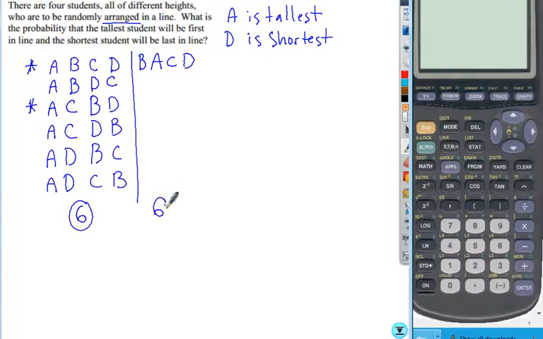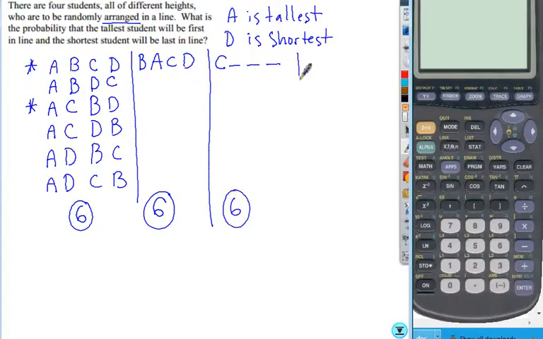I'm going to have 6 arrangements starting with B, 6 arrangements that start with C, and again, I could list all these out, but I know I'm going to end up with 6 arrangements that start with the letter D. So that means I've got 6 plus 6 plus 6 plus 6. In other words, I've got a total of 24 different outcomes.